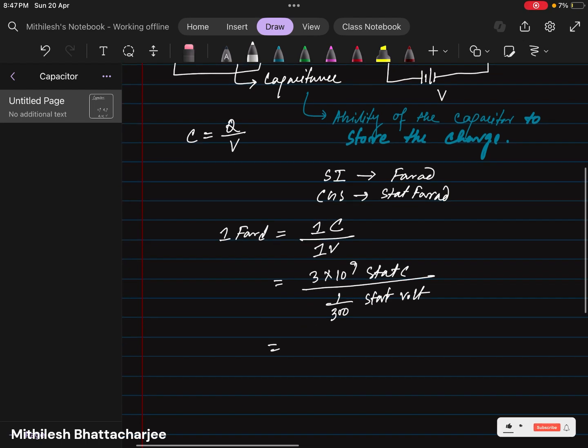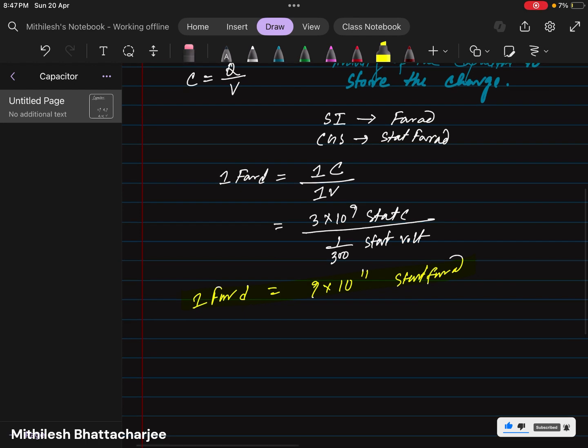Now see, statcoulomb by statvolt is what? Statfarad. So 9 into 10 to the power 11. So 1 farad is equal to 9 into 10 to the power 11 statfarad. Okay, this is the conversion of CGS to SI.